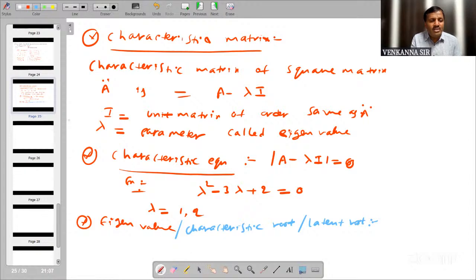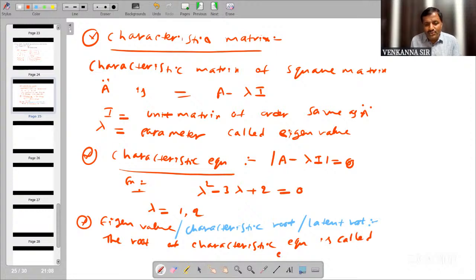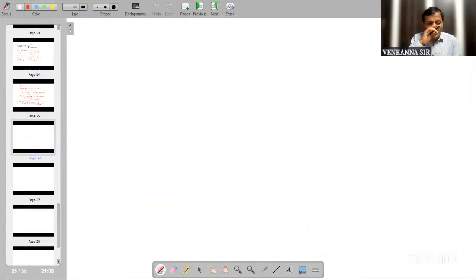What is its definition? The root of the characteristic equation is called an eigenvalue. So that is about eigenvalue.